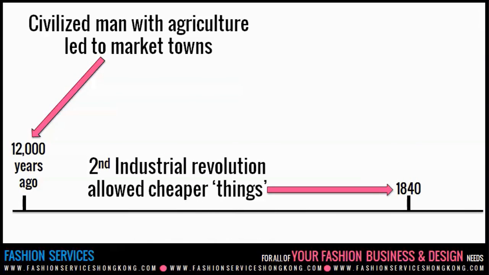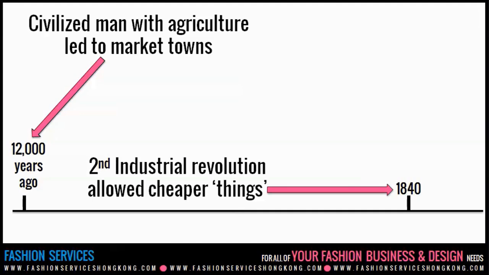Now, in 1840, we came to the Second Industrial Revolution. This allowed a greater adoption of machinery. It allowed products to be made cheaper and quicker. It gave people more choice. And this was quite significant because up until this point, generally people had bought things based on their physical need.